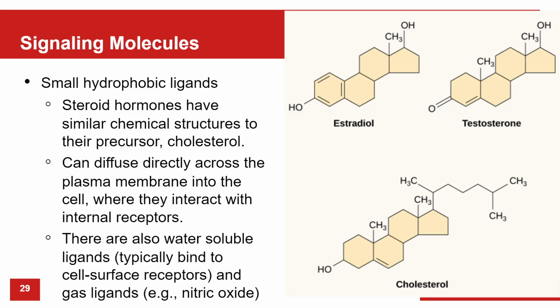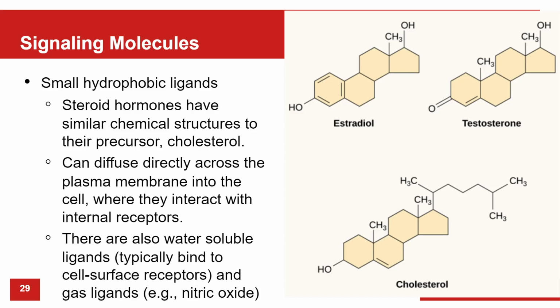It's in the plasma membrane. What does it do? It has to do with fluidity. So cholesterol is only used in animals, and it helps with membrane fluidity under certain conditions and temperatures. Basically, it prevents the membrane from changing too much under temperature changes. Okay. So these hormones that have cholesterol as a precursor can directly diffuse across the plasma membrane because they're going to be relatively small and hydrophobic.